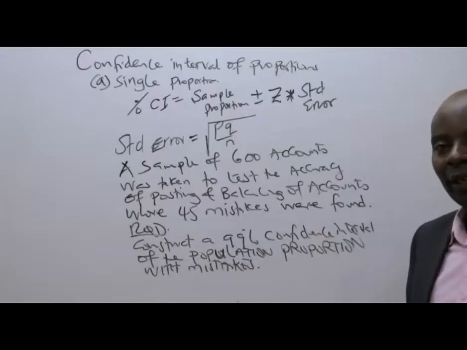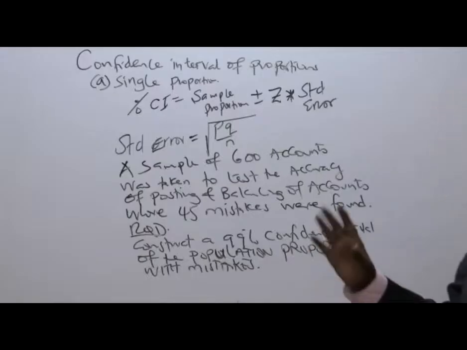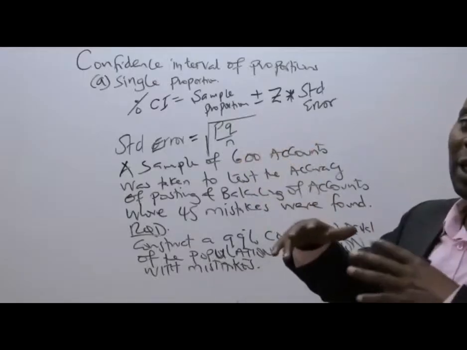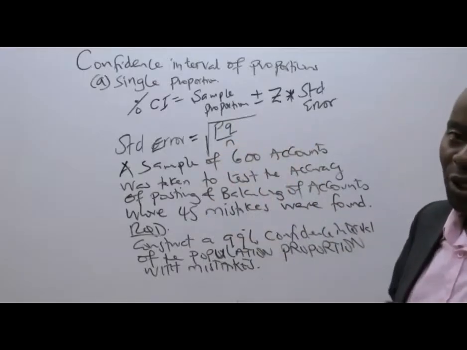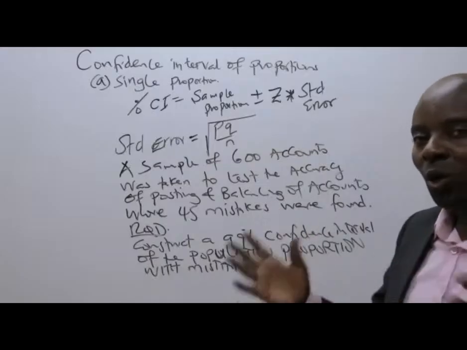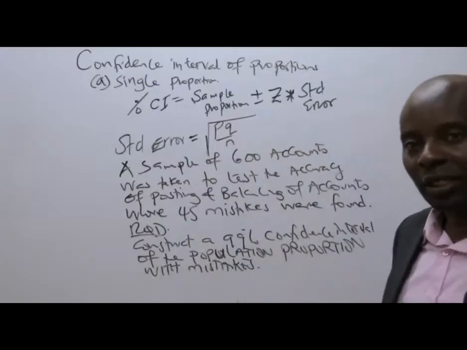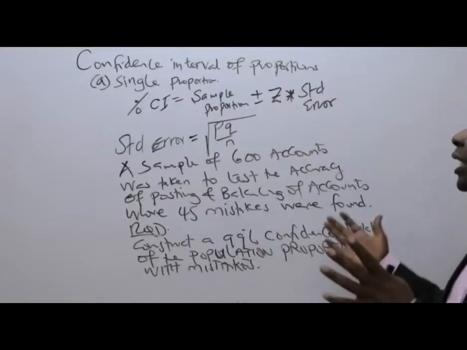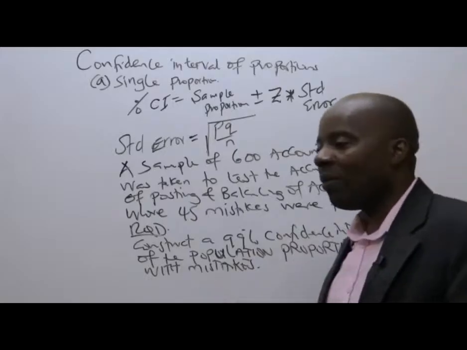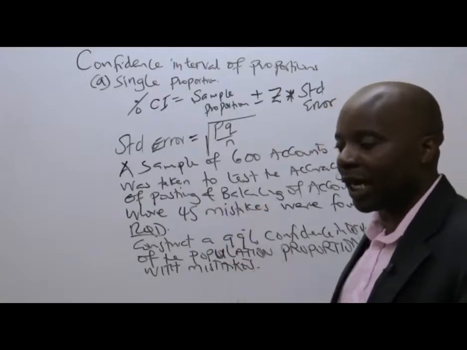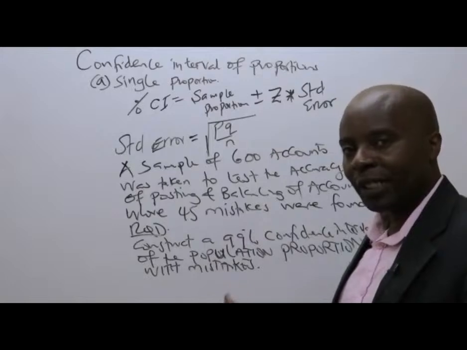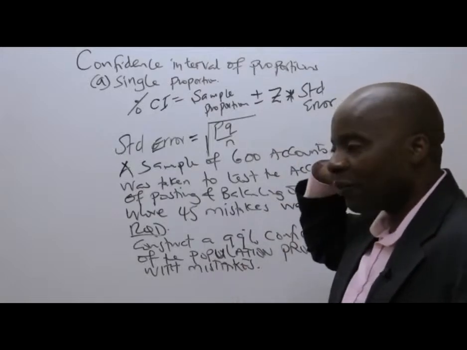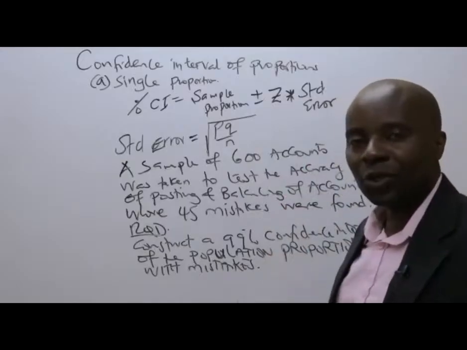Now, ladies and gentlemen, we have here a sample. We could be a big company with so many ledgers, but of course we can't go looking at the entire thing. We can't carry out a census. It'll be very expensive. So here we've taken a sample of 600 accounts, and out of these 600 accounts, 45 have mistakes.